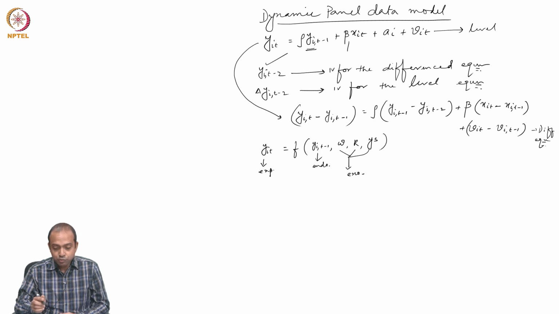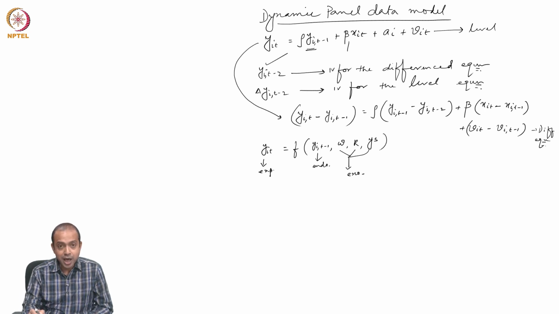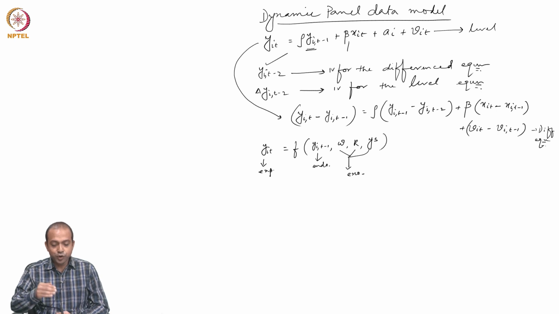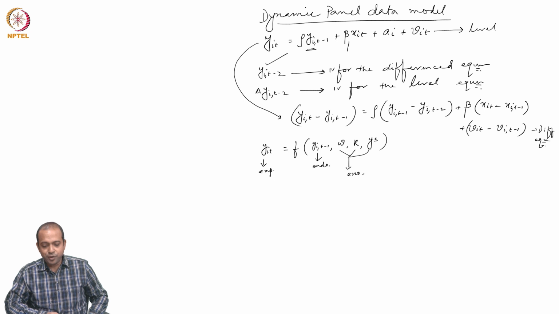Now, if wage and capital also become endogenous in this relationship, and we model that, our estimates change drastically. And there are enough reasons to believe that wage and capital are also endogenous here, because as we all know, employment determines capital, and at the same time capital determines how many laborers you will employ. How many laborers you employ also determines how much capital is to be employed in a particular firm.